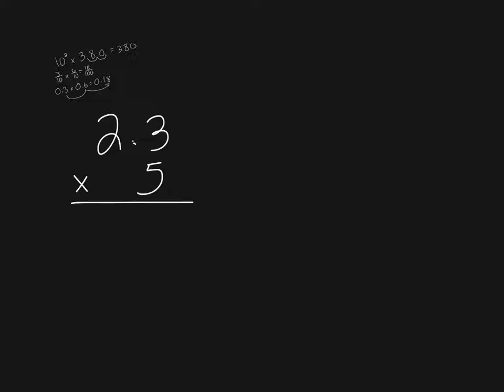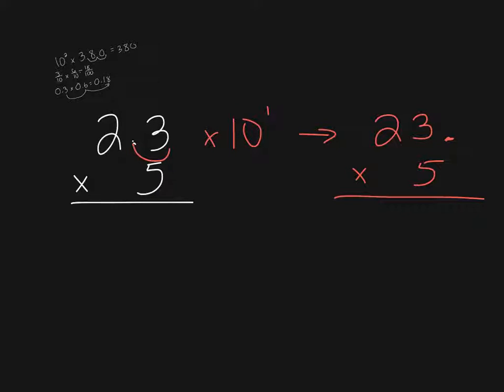What we're going to do is take powers of 10 and move our decimal point out of the way. Since there is one digit behind the decimal point, we multiply 2 and 3/10 times 10 to the first power, which creates the number 23. Since 5 is a whole number, it just stays 5. Now my decimal point's out of the way, and I can multiply like I would normally.